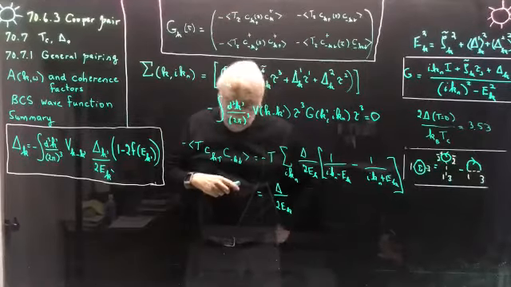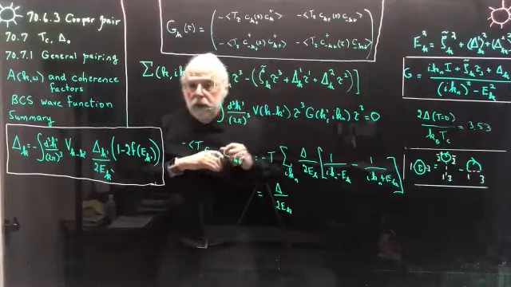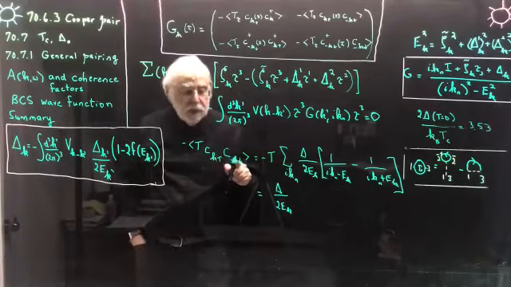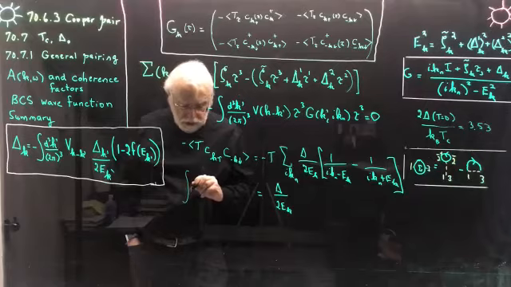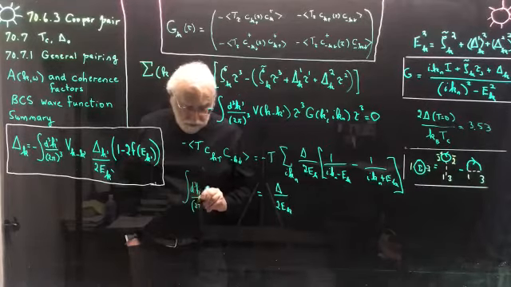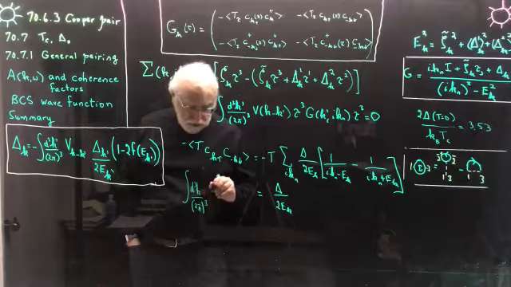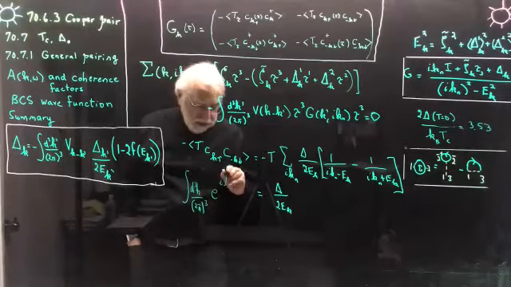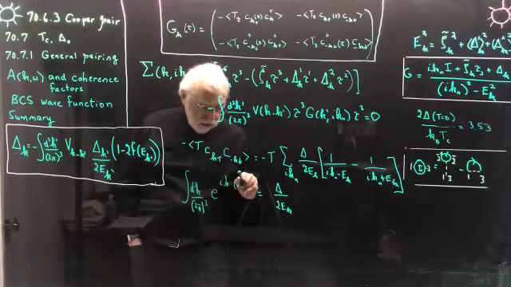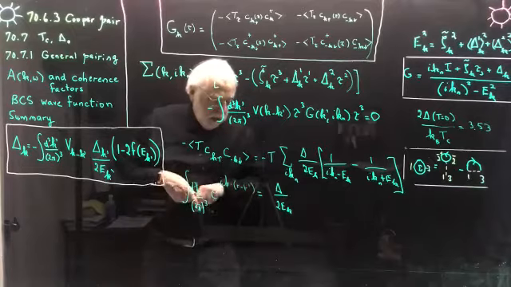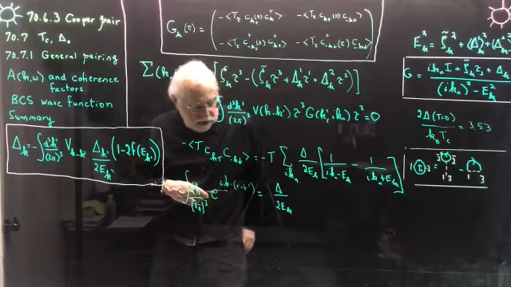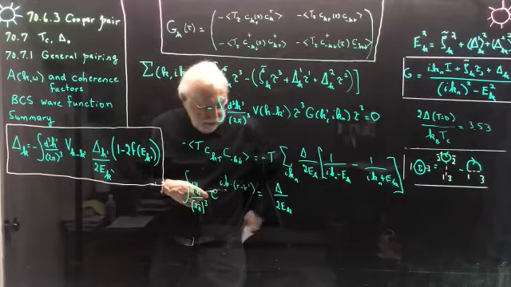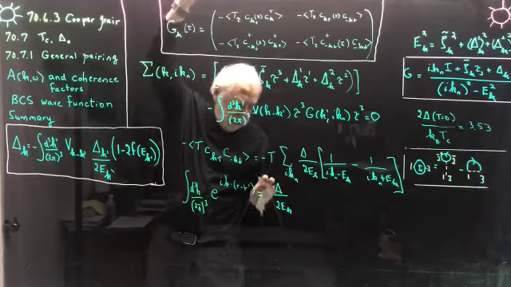And if I want to do this in real space, I just have to take the Fourier transform. So I have just to take the integral d cubed k over 2 pi cubed, e to the i k dot (r minus r prime), of this guy, and see what it looks like in real space.